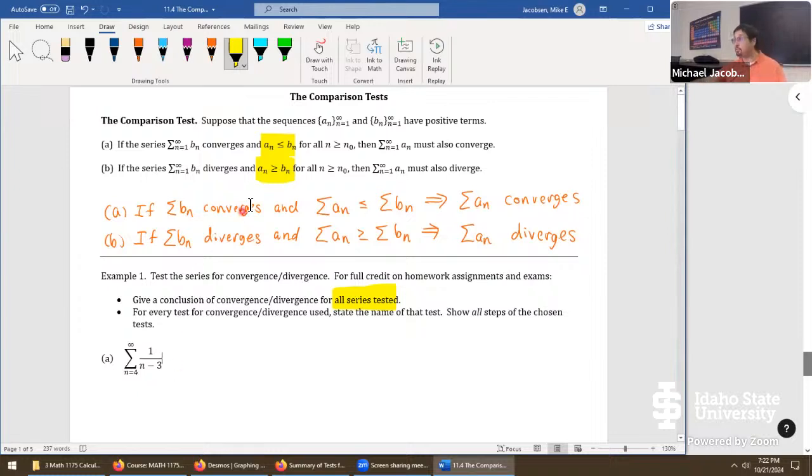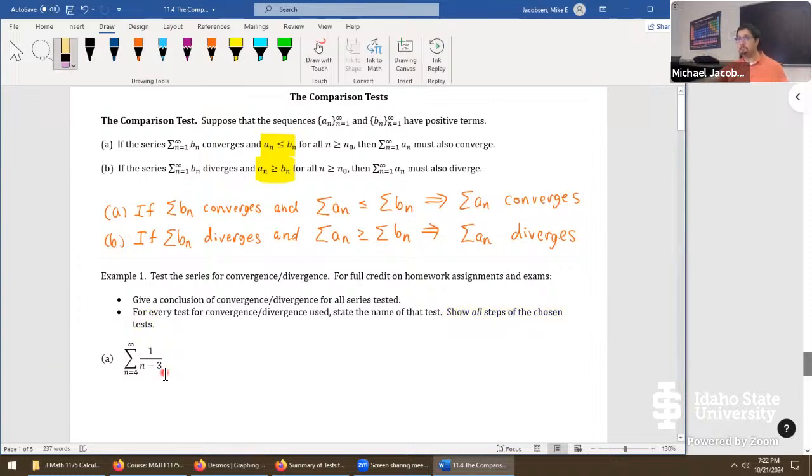The thing we're comparing it to, we have to come up with Bn and do a test on it to know if Bn converges or diverges. And then the final test will be a comparison test. That's why it says all series tested. Then we do have to show all steps of the chosen test, and that's going to be for each test we use. So here's how it goes.